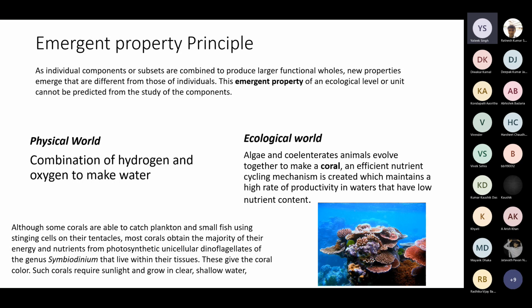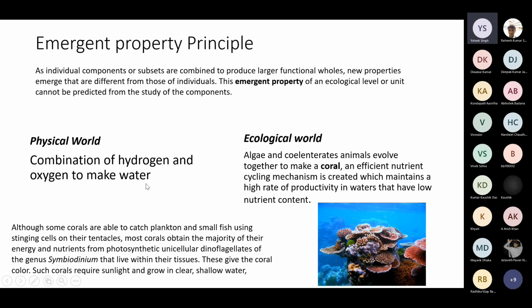To give you an example, in the physical world, the best example is that when hydrogen and oxygen combine, they make water. But the properties of water, as I said, are very different from those of either hydrogen or oxygen. Both of these are gases and they have many different properties compared to water. Similarly, in an ecosystem, hydrogen could be like a primary consumer, and oxygen could be equivalent to a secondary consumer.